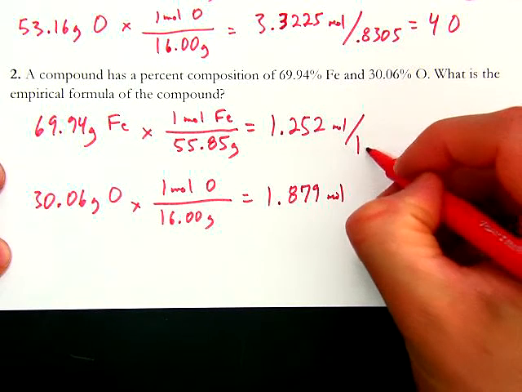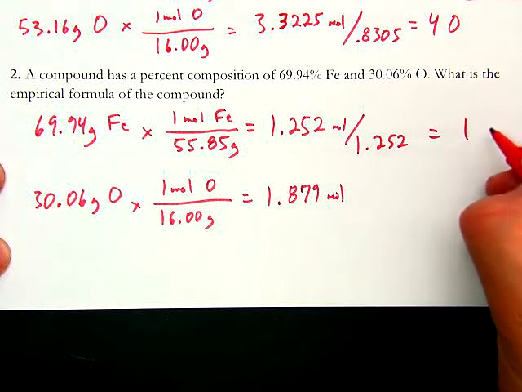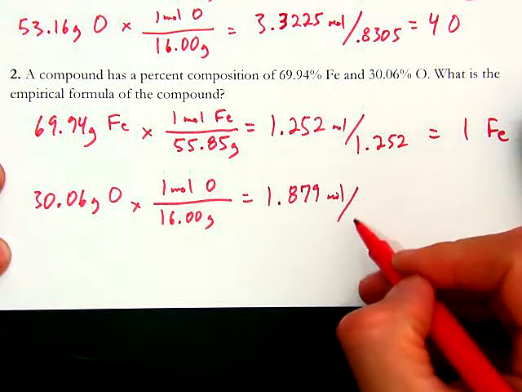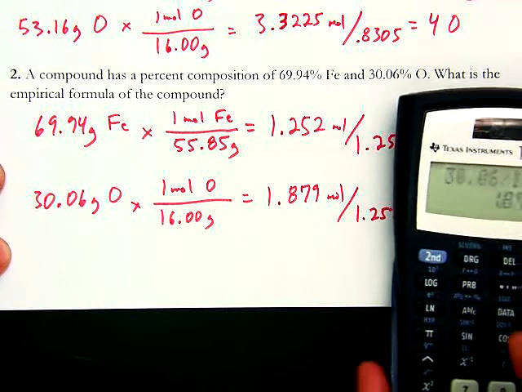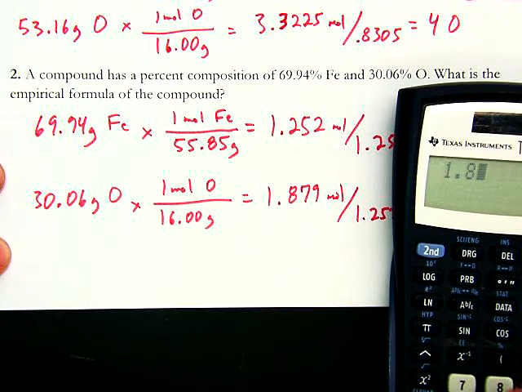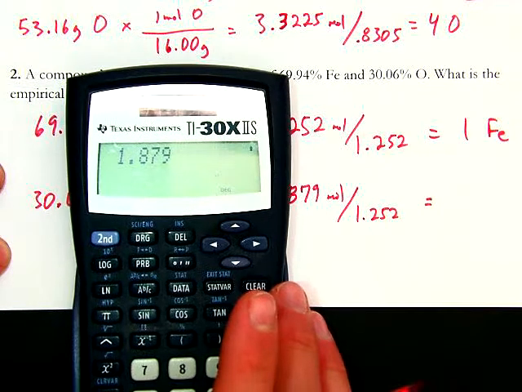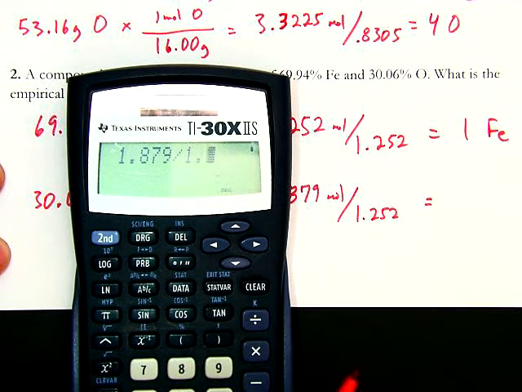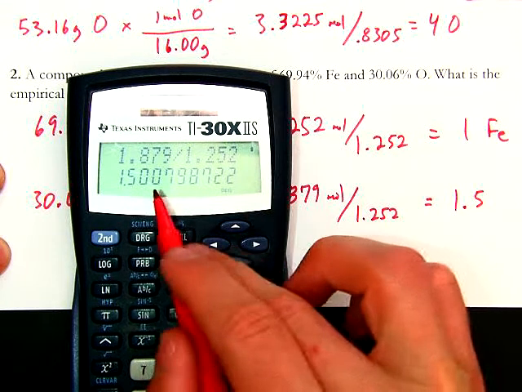All right, so now we need to turn these into integers, so I'm going to divide by the smallest one, divided by 1.252. That gives me 1 Fe. And if I take this number, 1.879 divided by 1.252, what I get is 1.500.